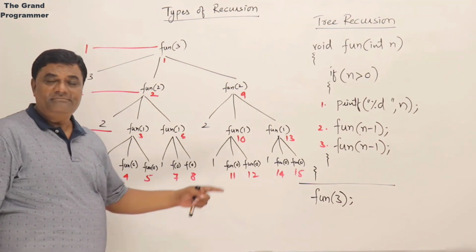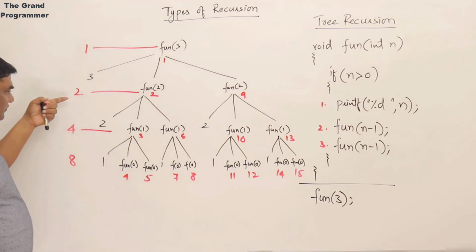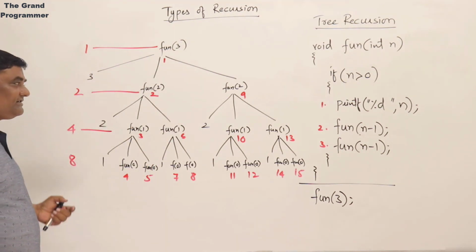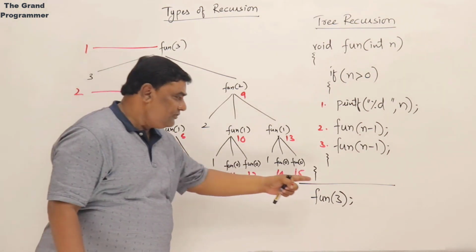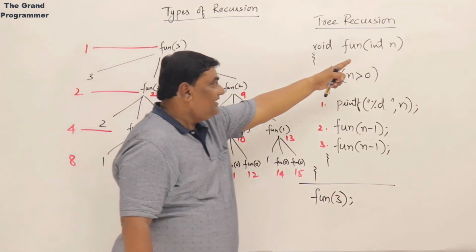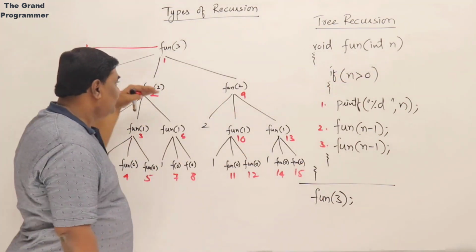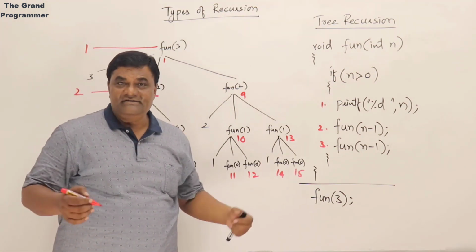So it means when I have passed the value as a 3, then in the first level, 1 call, next level 2 calls, next level 4, then next 8. For 3, there are 4 levels. And if the value of n that I am passing here is 4, then there will be 5 levels. It means the tree will be bigger than this one.